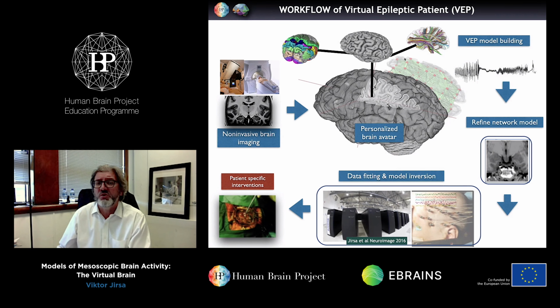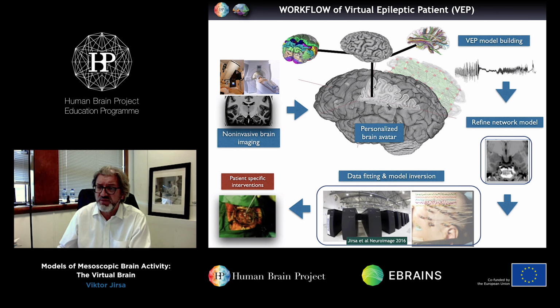That's our workflow of how we work with the virtual brain and the concepts I just presented to you. We build out of the non-invasive imaging a personalized brain avatar, personalized, so data-driven in the sense that we use the individual's data to constrain the model. We equip it with mathematics, this general network, and we are able to run the dynamics.